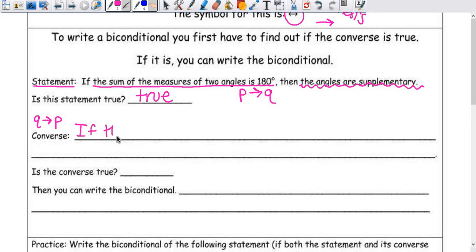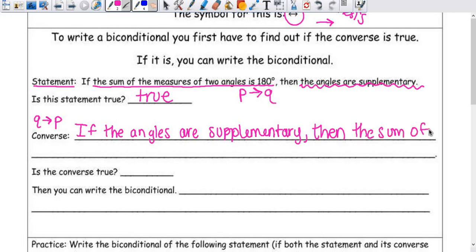So if the angles are supplementary, then the sum of the measures of two angles is 180 degrees.